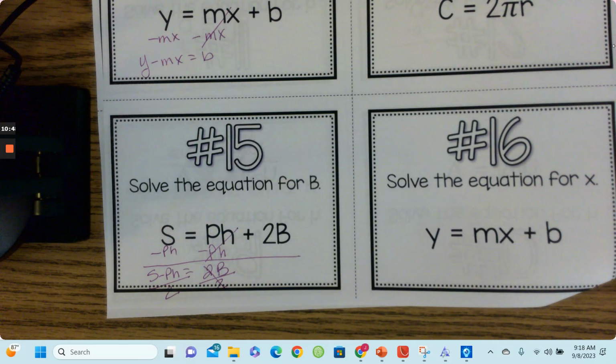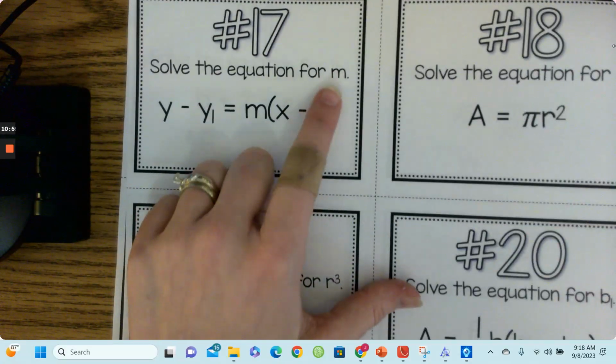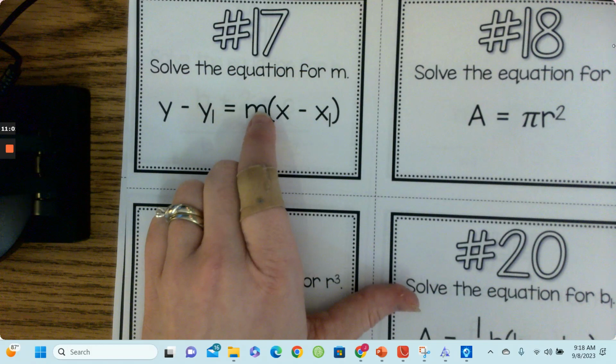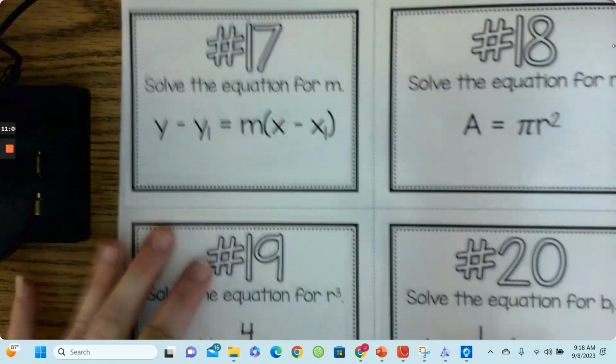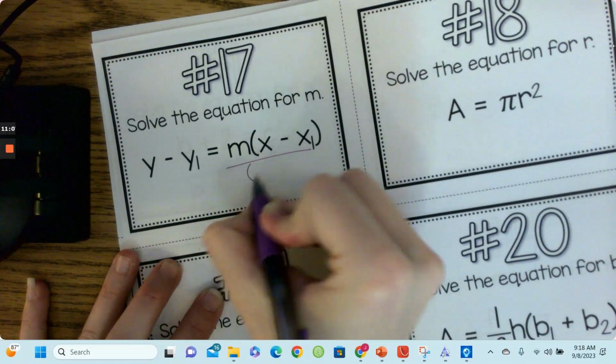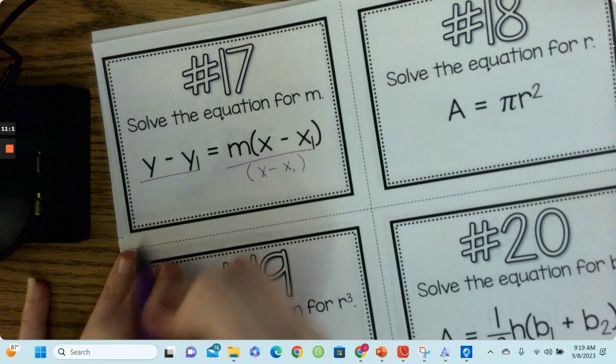I'm going to leave 16 for you, and that's the last one you're going to have to work on your own. So let's do these last 4 together. This one says solve for m. m is being multiplied by this whole piece, so I can divide by that whole piece. And then I can divide this side.